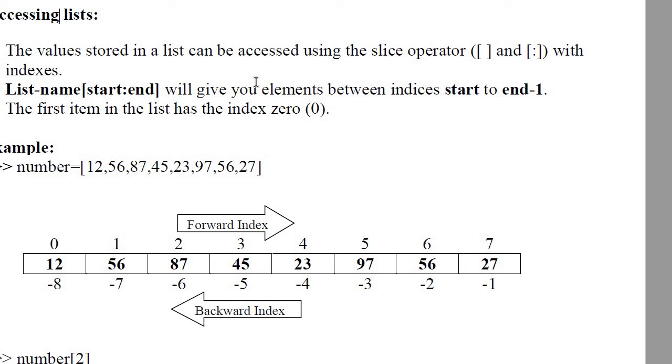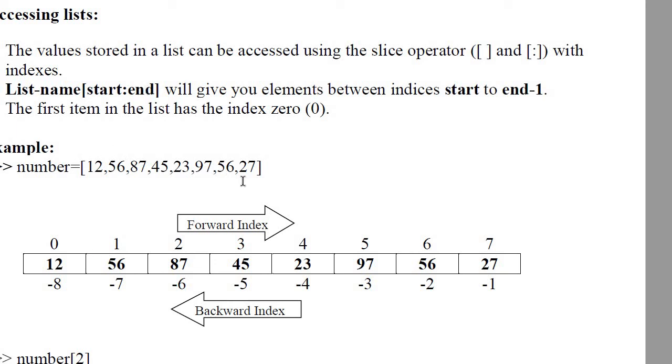I already told you how the slice operator works in strings. The slice operator contains two things: the first is start and the other is end. By default the value of start is 0 and end is n, meaning the number of elements in the list, and it covers indices between start and n minus 1.